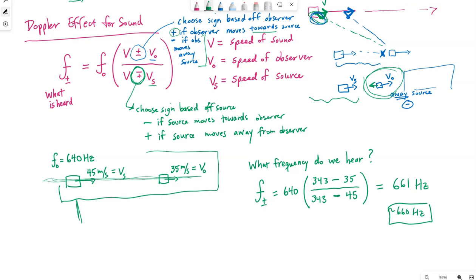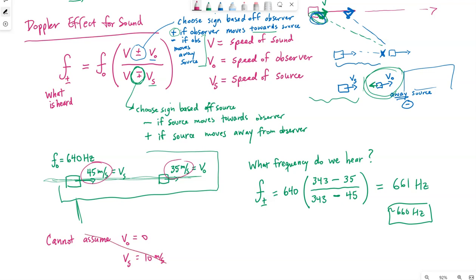Now, what I mean by we cannot use relative motion: assume V of the observer is 0, and then say the source, the difference here between the 35 and 45 is 10. So the source is essentially, from our perspective in our car, moving at 10 meters per second relative to us.